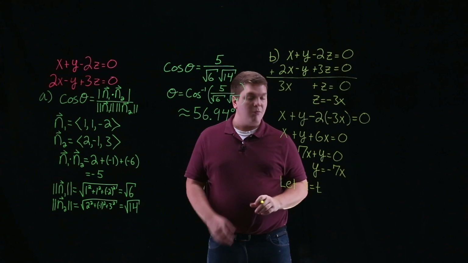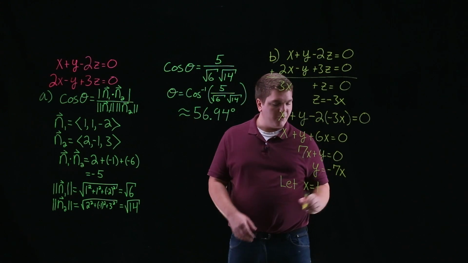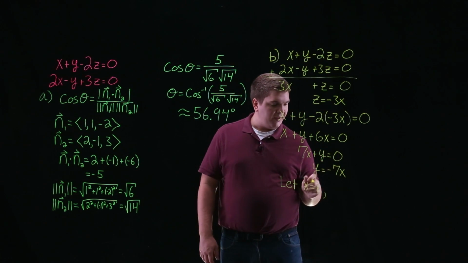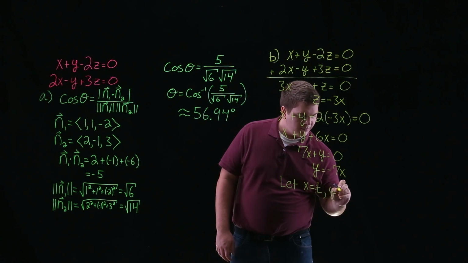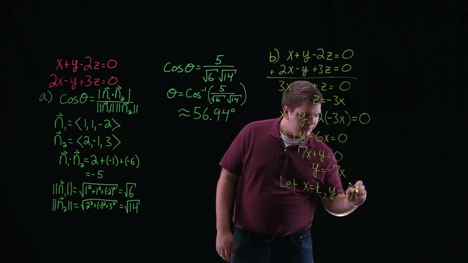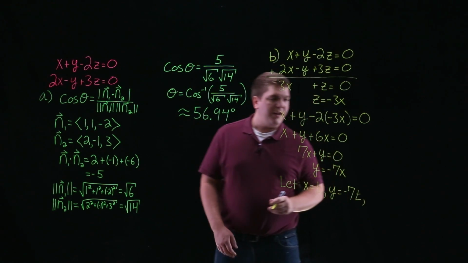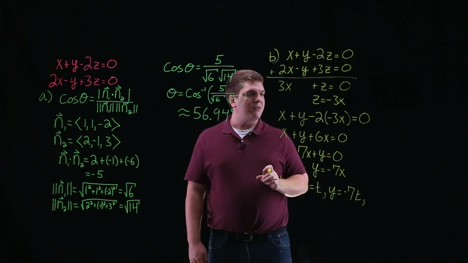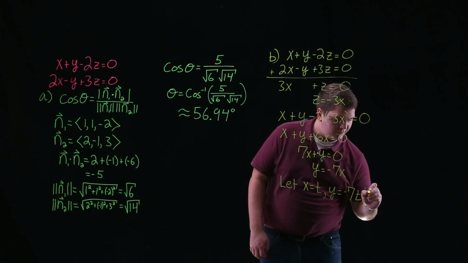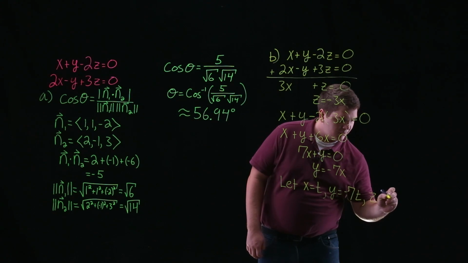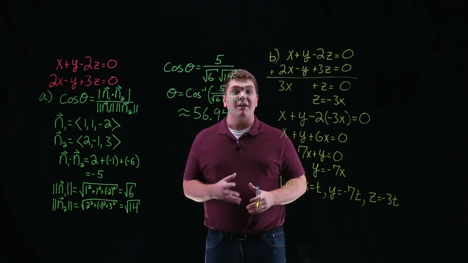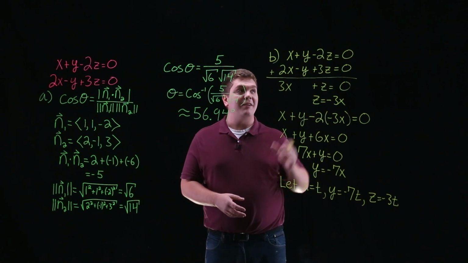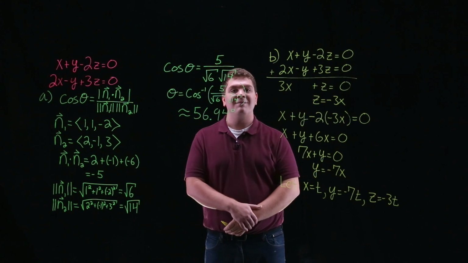And then from here, we end up with two more equations. y is equal to negative 7 times t, and at the same time, z is equal to negative 3 times t. So what we end up with here is a set of parametric equations representing the line of intersection between these two planes.